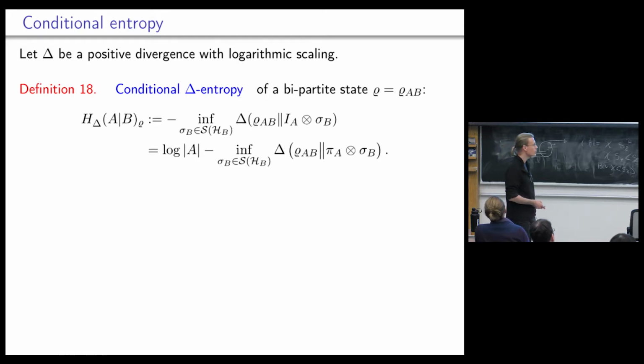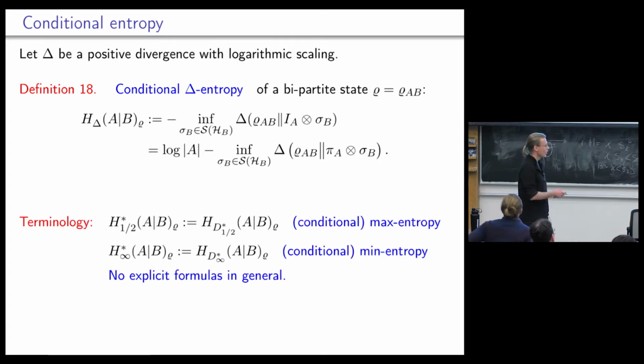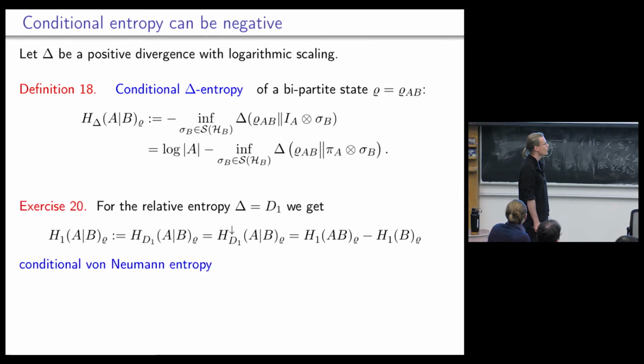That's again very intuitive. As for terminology, the conditional entropies derived from these divergences are called the conditional max entropy and conditional min entropy. I put it in brackets because often this is omitted and they are just called max entropy and min entropy. And for these, there are no explicit formulas in general.